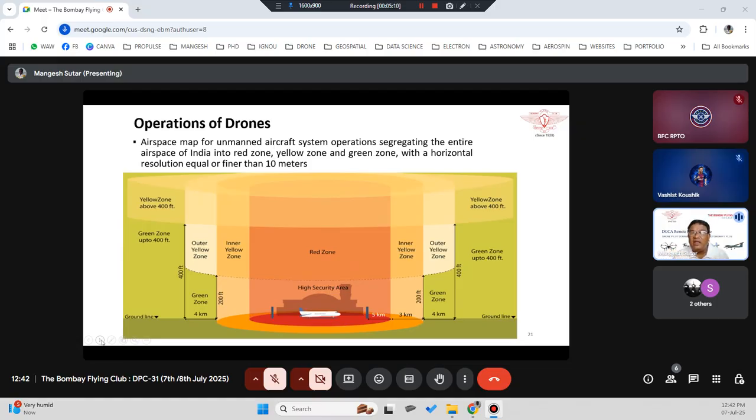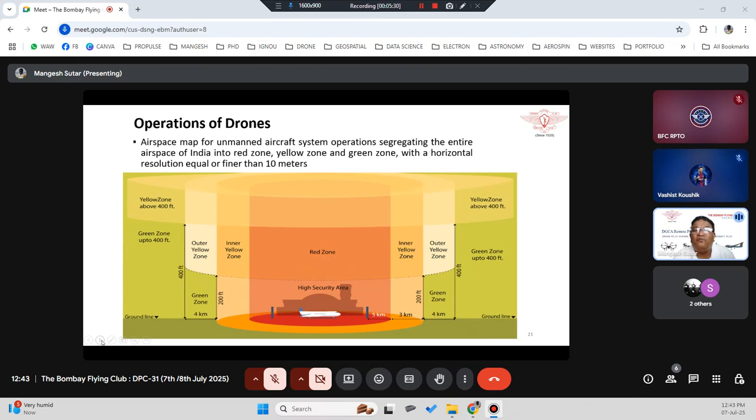And when you are flying a drone in yellow zone, you need to take permission from ATC. Without ATC intervention, you cannot fly your drone, or they will take legal action if you fly the drone in the yellow zone above 400 feet.